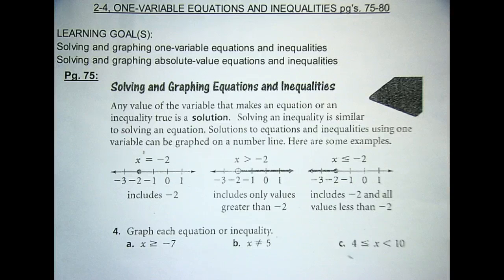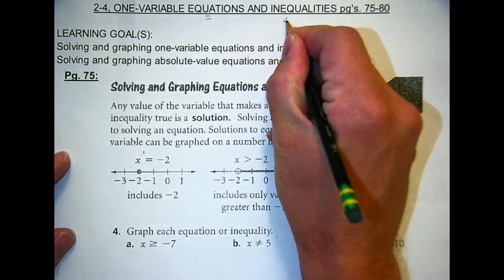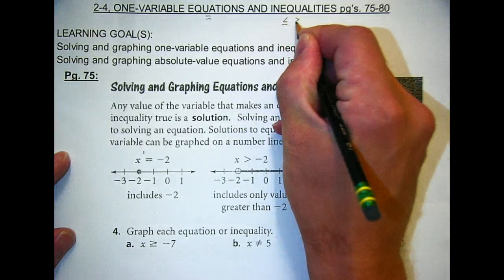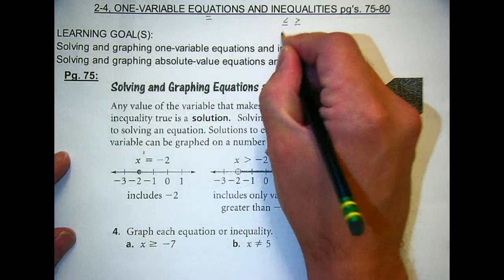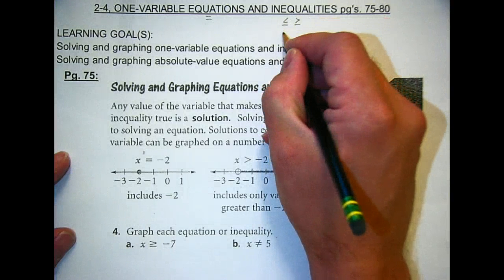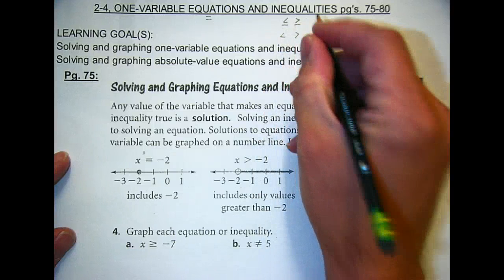So just a quick reminder, when we're dealing with equations, that means there's an equal sign, whereas an inequality means it's an inequality symbol of some sort. Okay, it's a not equal sign. So you could have that one here, there's this one here, and then there's this guy here, and that guy there.